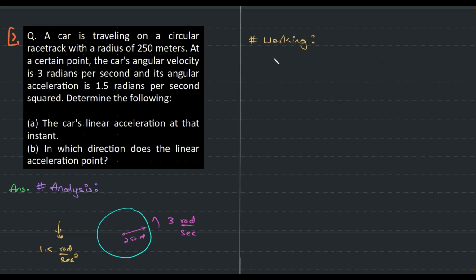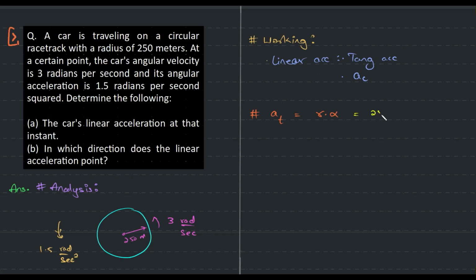The first thing is your linear acceleration has two components, right? We have to figure out the tangential acceleration, and we have to look into centripetal acceleration. First, tangential acceleration, A_T, is given by r into alpha.